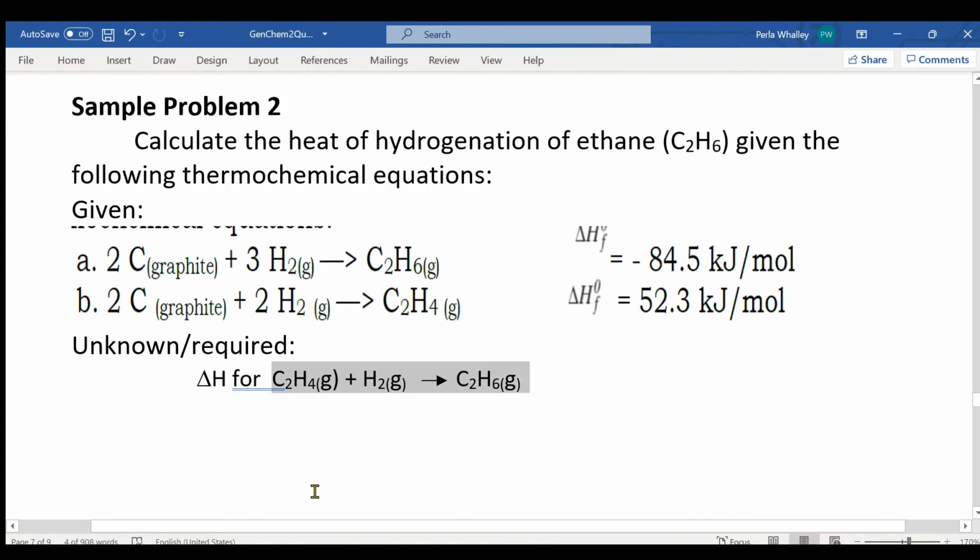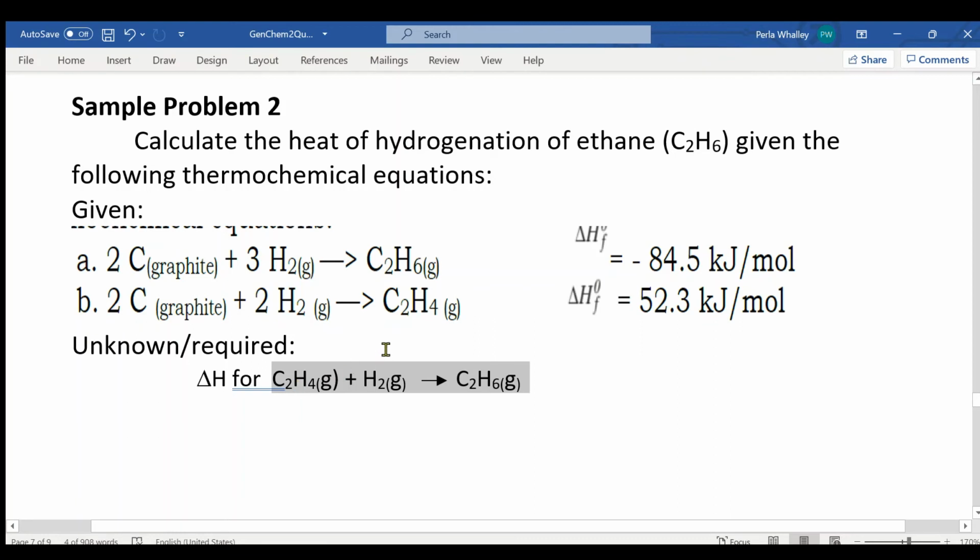The unknown, or the required, is the delta H for this equation. Also, we need to get this equation at the end, because this is the required equation from these 2 equations. So looking at this, you can see that C2H4 should be on the reactant side.